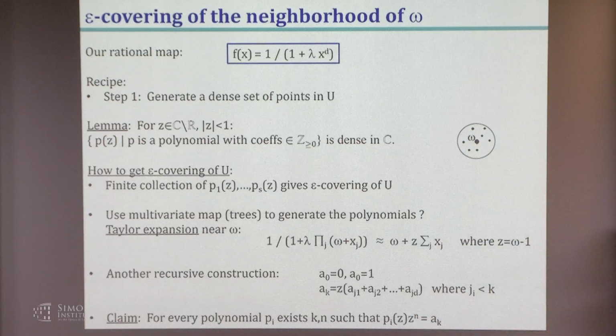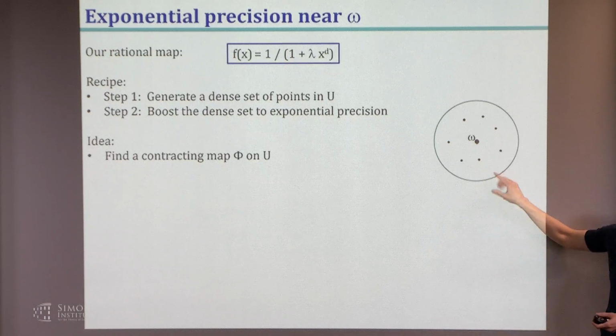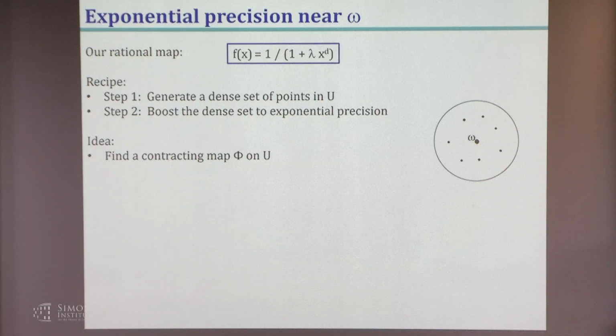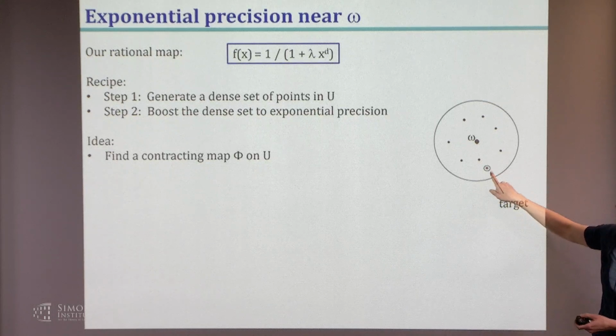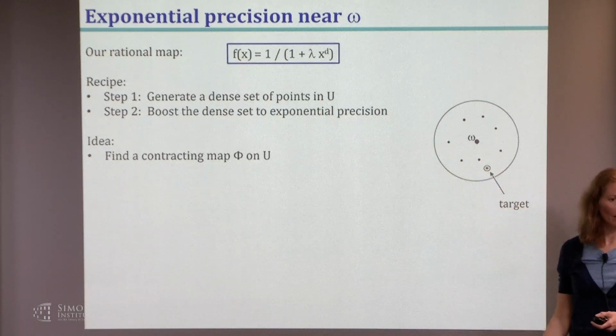Okay, so now what's happening? The last step, and I know I'm out of time, so I'm going to end very soon. The last step is that now we have the epsilon covering within the neighborhood of our fixed point. We now need to find, this is the point that would have eventually gotten me to lambda prime.